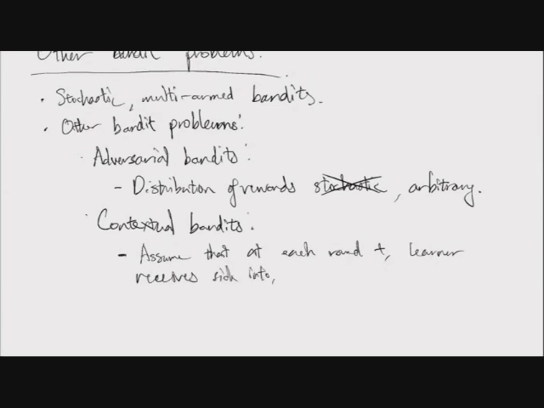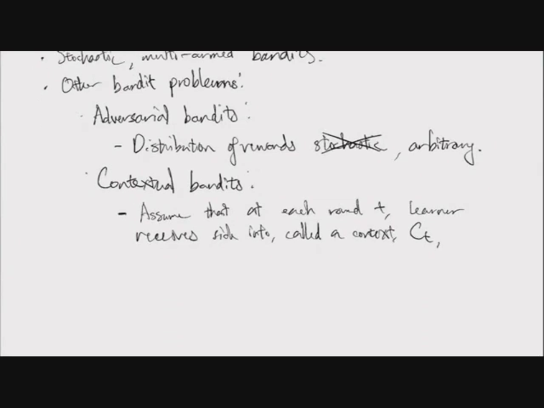The side information is called a context, and it is usually denoted with c_t. We can use c_t to make a better decision, because c_t is going to be correlated with what the rewards are in round t.